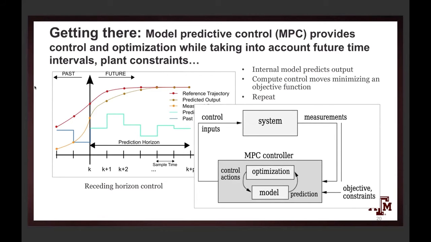An optimization side, where you've designed a cost function to try to reduce some variable, and then an internal model of your plant, which you're using, with the measurements that you're being fed from the system, to basically see into the future, minimize over that prediction horizon, and then only take that one time step action and input that back into the system, repeating the steps over and over again.